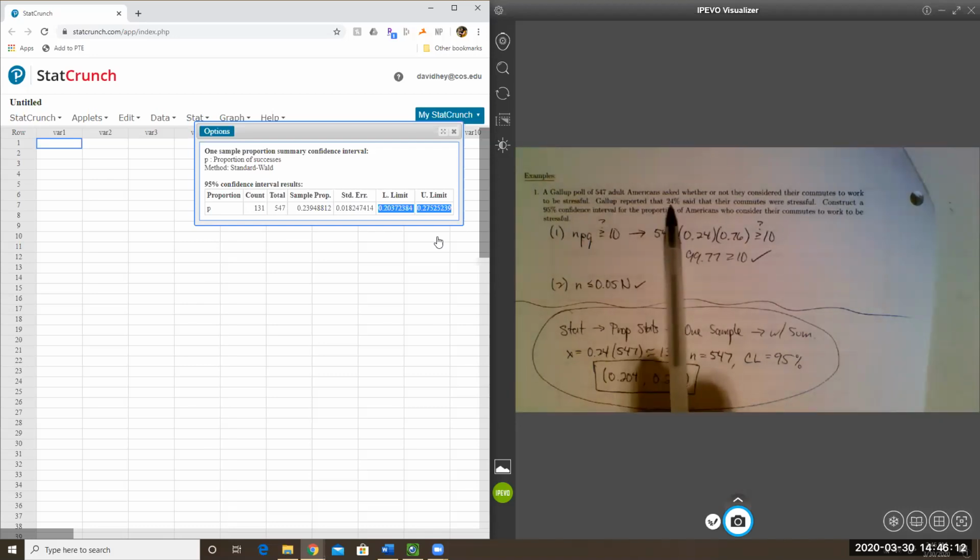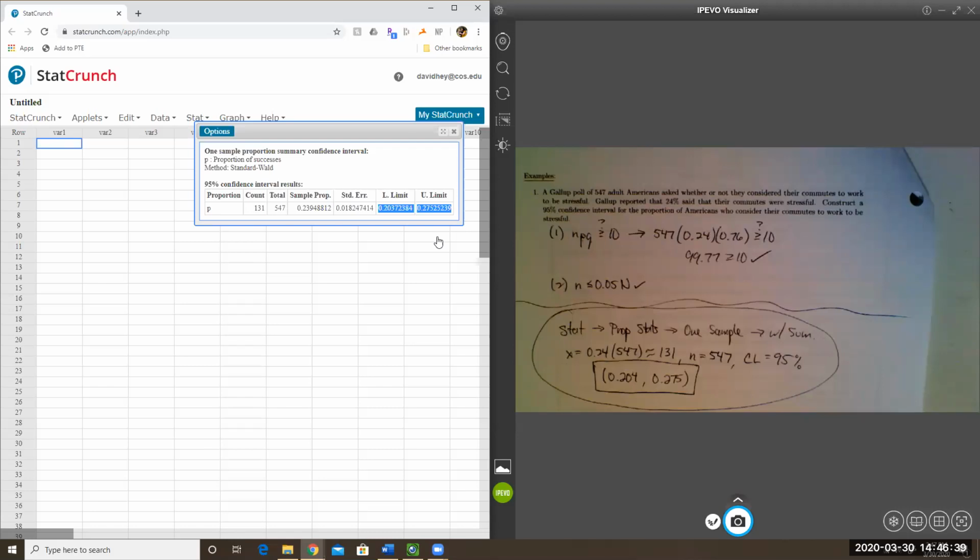But the question is, if we were to ask every adult American about their commute to work, what percentage would think their commute is stressful? And the answer is, well, we're 95% sure that somewhere between 20.4% and 27.5% of people would say that their commutes to work are stressful. Okay? And that's the interpretation there.